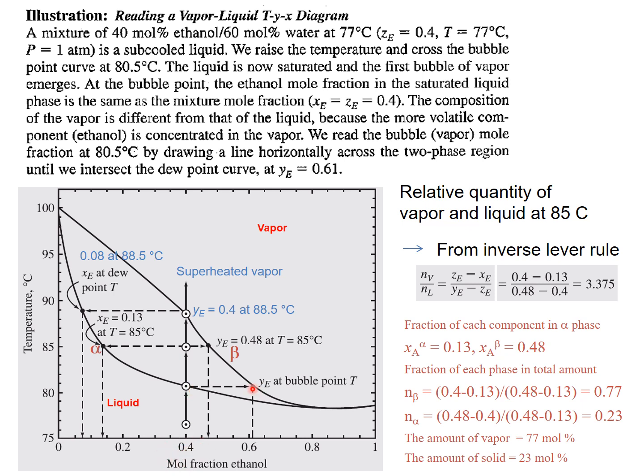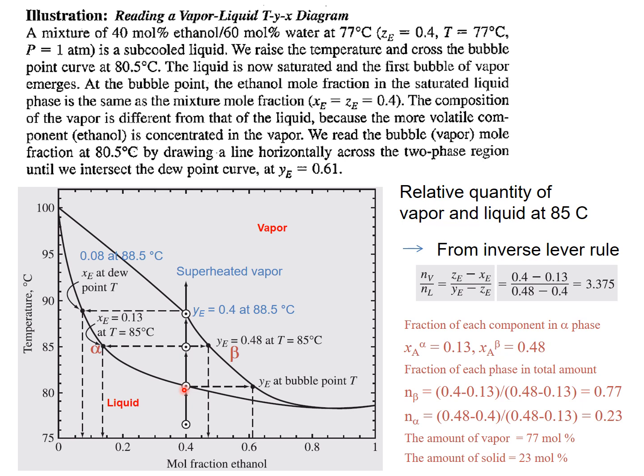However, the vapor has ethanol at 0.6 mole fraction. So right now we have understood this point. Anyway, even at this one we have two phases. One is liquid and one is vapor.